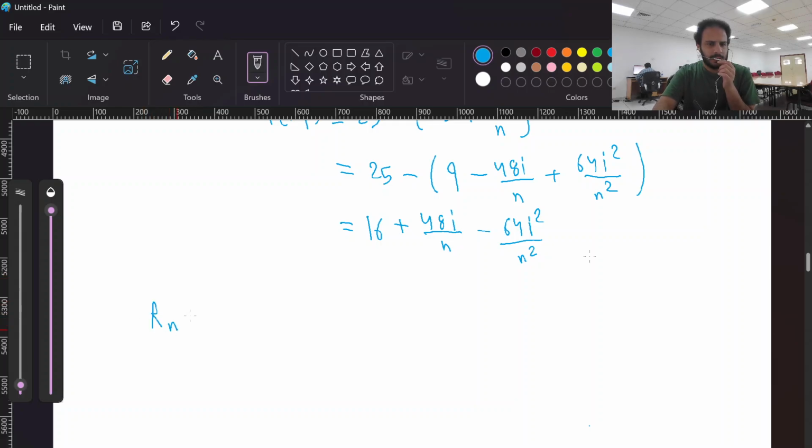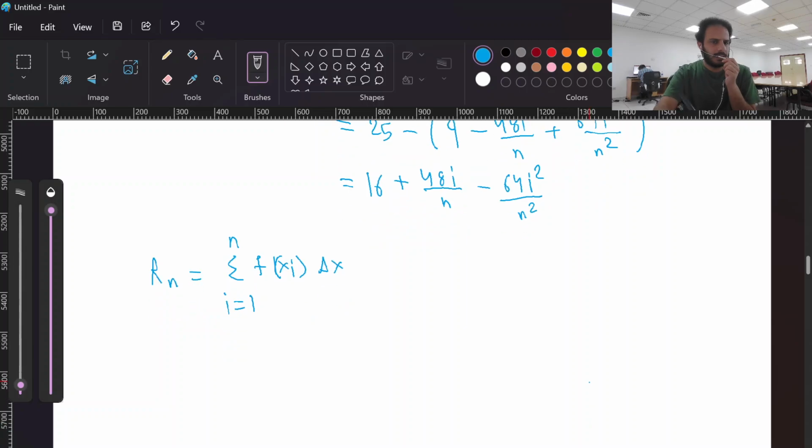So Rn equals summation i equals 1 to n, because it's a right sum, of f of xi times delta x.